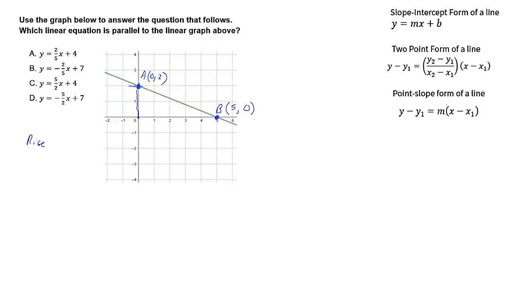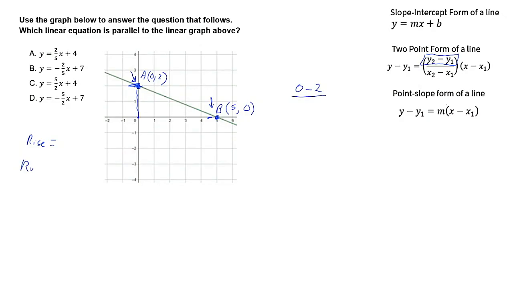Our rise is basically the change from point A in the height on the y-axis to where it ends up on point B. So for our rise, we start at 2 and we end at 0. That's what we're doing right over here: for point 2, or B, our y is 0 minus point A, which is 2.